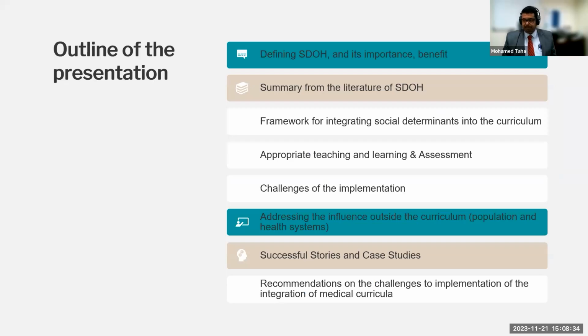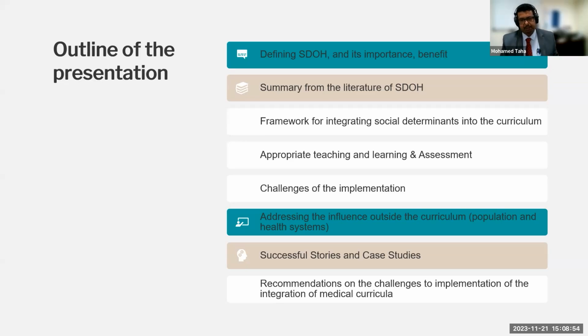In this presentation, in this 1 hour, we would like to navigate through defining social determinants of health and its importance and benefits, and then discuss a brief summary from the literature about social determinants of health and the framework for integrating social determinants of health into curriculums.